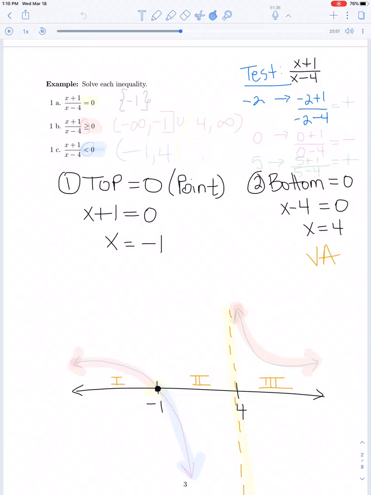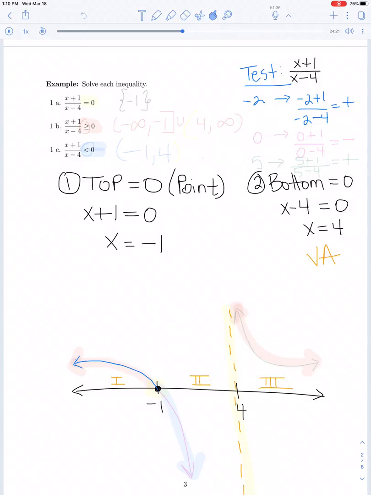Notice on top I get a negative and on the bottom I get a negative. A negative divided by a negative gives me a positive number, which means I'll be above the x-axis, somewhere up top in that first region, before -1.